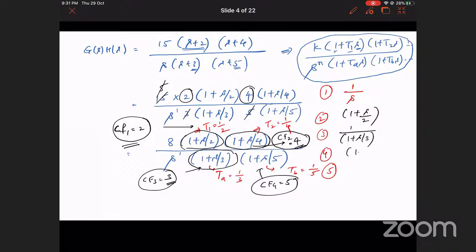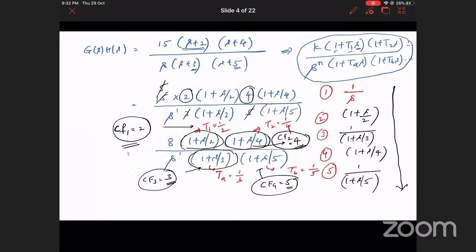So it is 1 plus S by 4. And the last corner frequency, can you look at this? That is 5. Then it belongs to a pole. So I'll write it as 1 upon 1 plus S by 5. I hope you understood that. So this is how I have arranged the order. I have just taught you how to arrange the order.